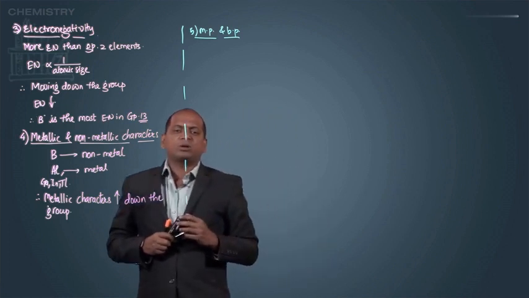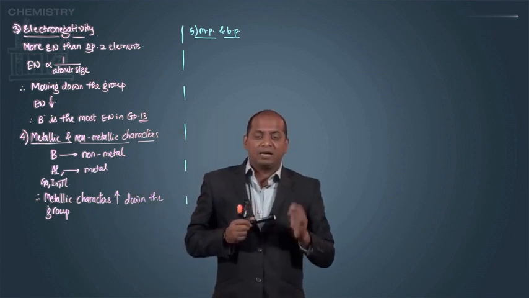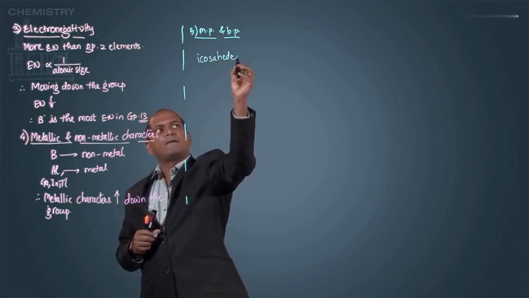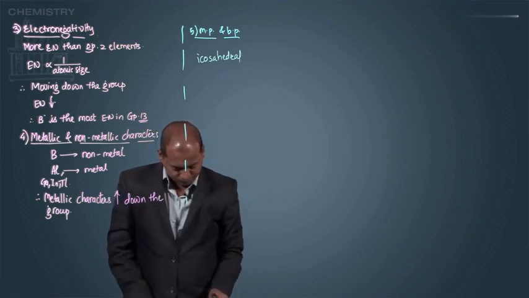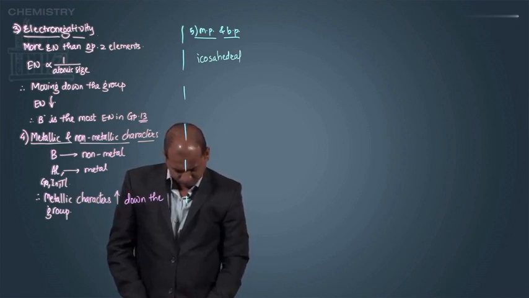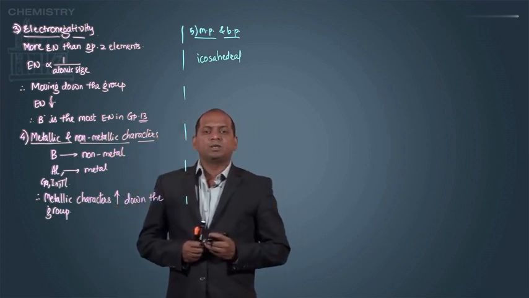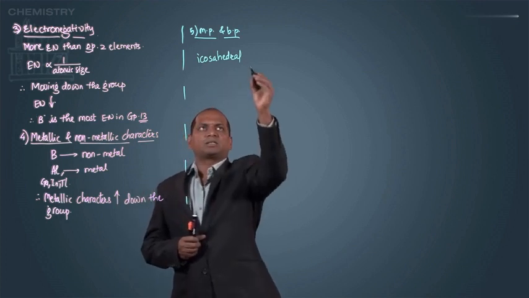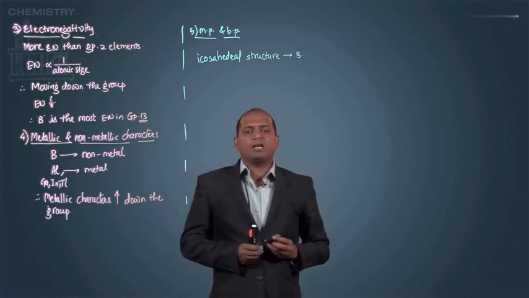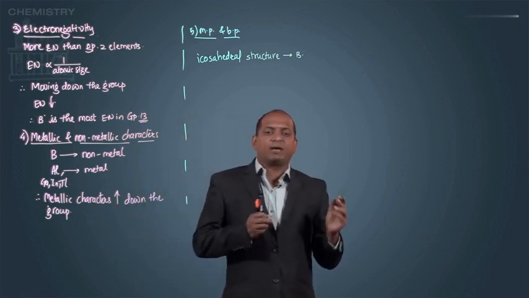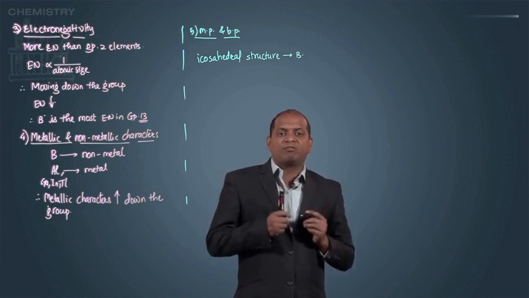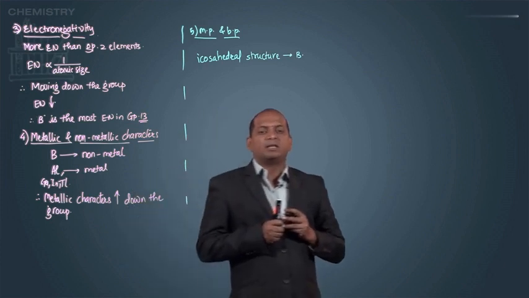It has an icosahedral structure, where each boron is equidistant with 5 other boron atoms, and because of that there is a close packing of boron, and hence boron has the highest melting point.